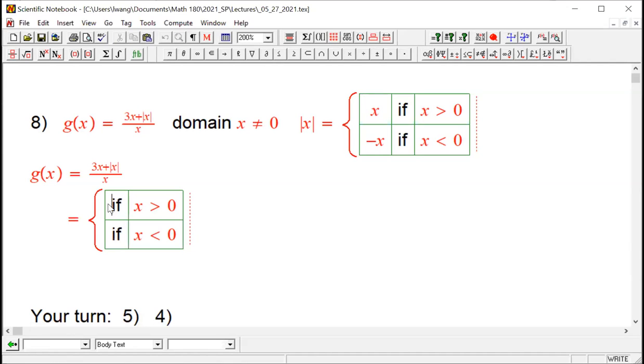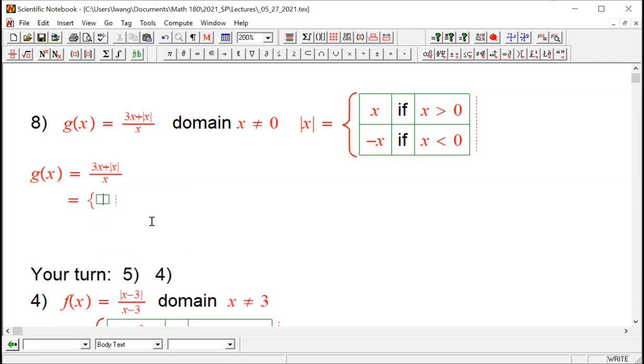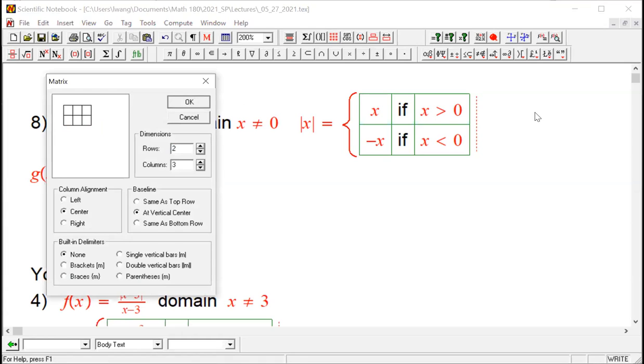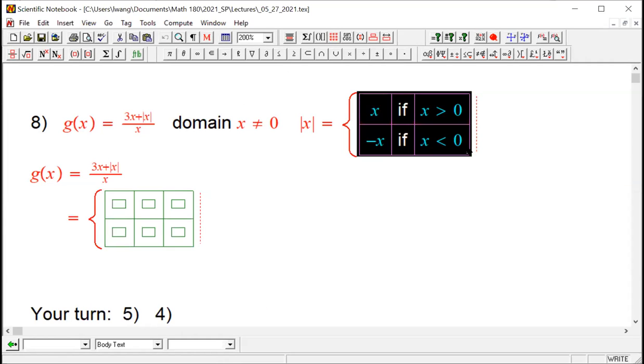I'm going to do it over. Part of this expression needs handling of two pieces. The rest doesn't need it. So the conditions are going to be the same.